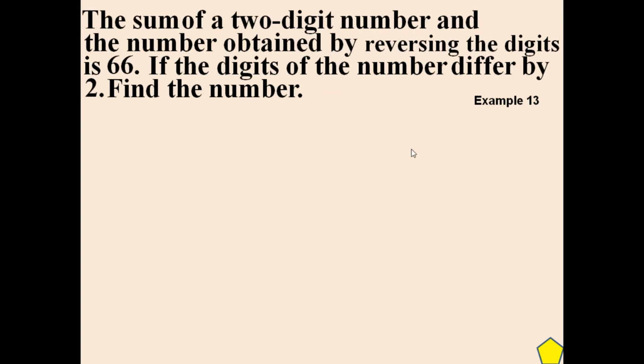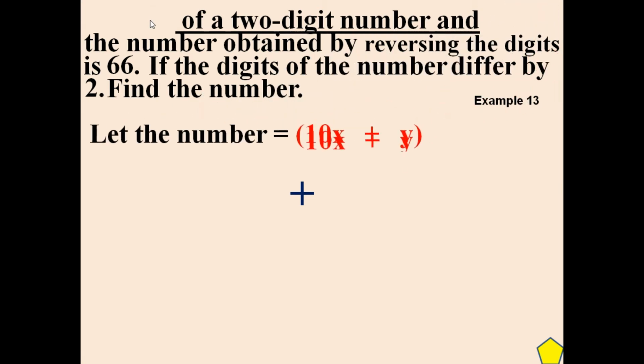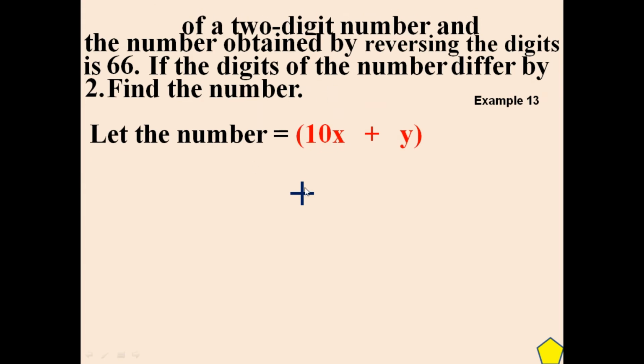Let's look at another example. Again, since it is talking about a two-digit number, we are going to make the assumption as 10x plus y. So the sum of a two-digit number, the sum means plus.